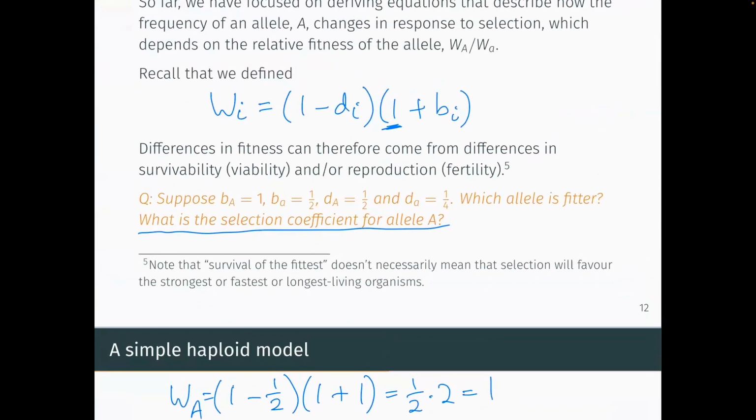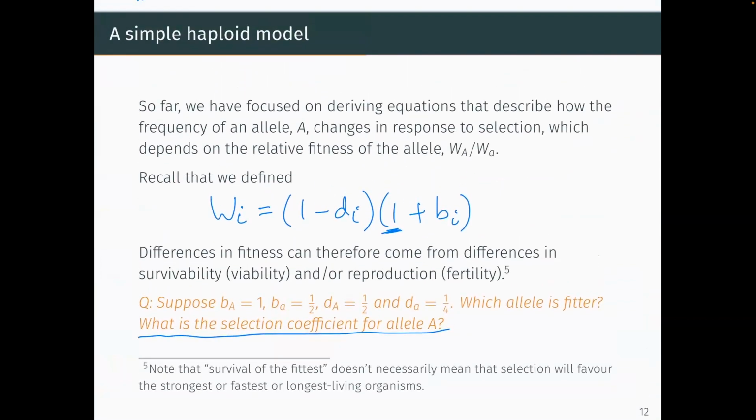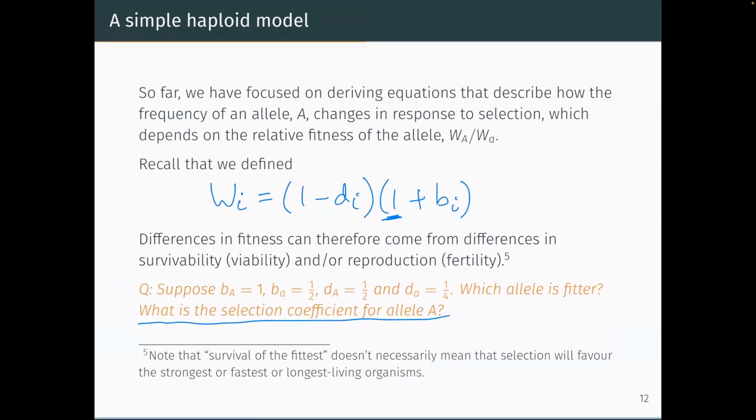So should we stick with one, or depending on the problem, use one? It depends. There's no right answer to that. Sometimes it's easier to always do it in terms of the thing that I think is positive. In this case, it turns out to be the one that's negative. Sometimes you're focusing on a very common allele in a population, and you're thinking about whether a rare allele can invade, whether it's going to be selected when it's rare.